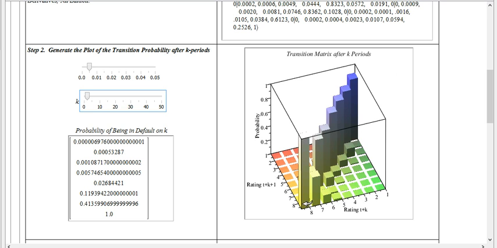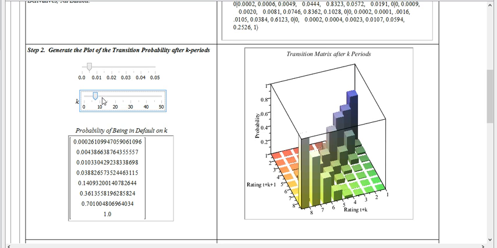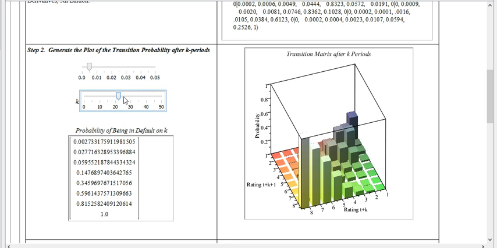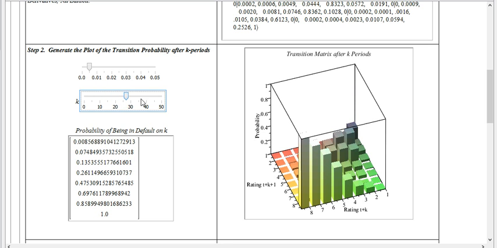The height of each one of the bars corresponds precisely to the probability. So just let's take a look at how the transition matrix changes as the number of periods increases. So we go to 10, to 20, to 11, to 20, and look at this. This is very, very nice.